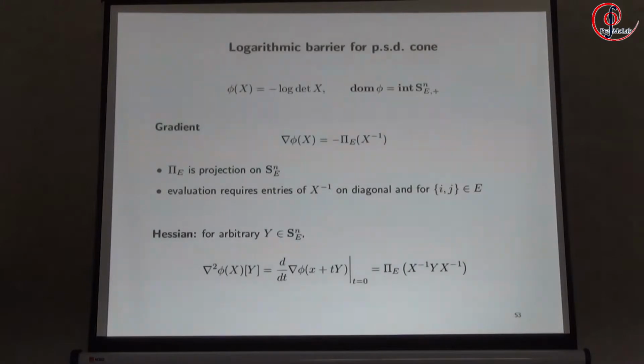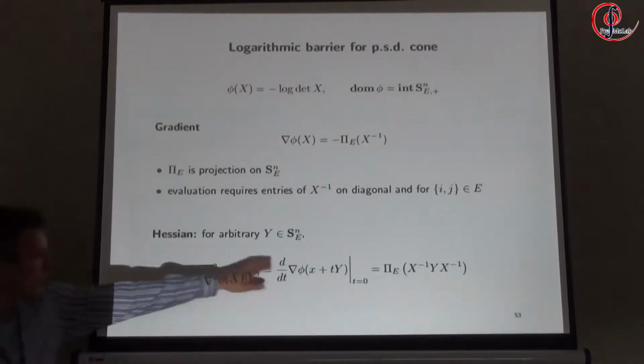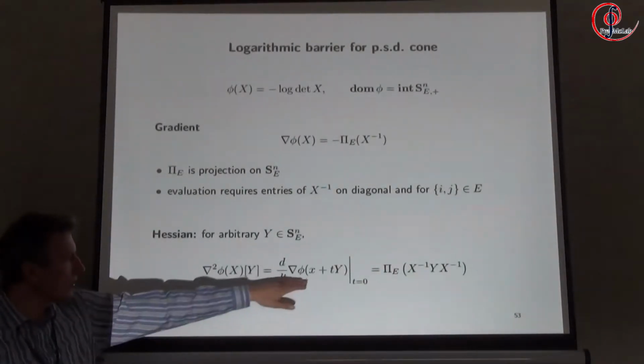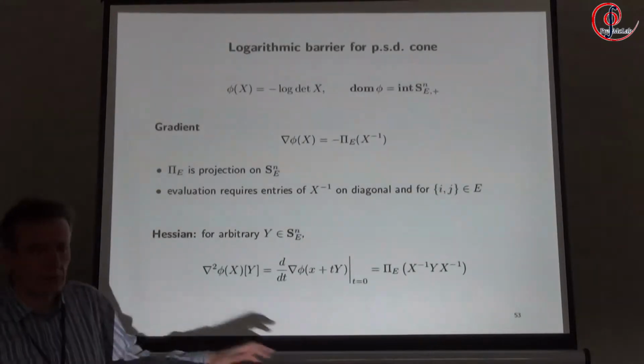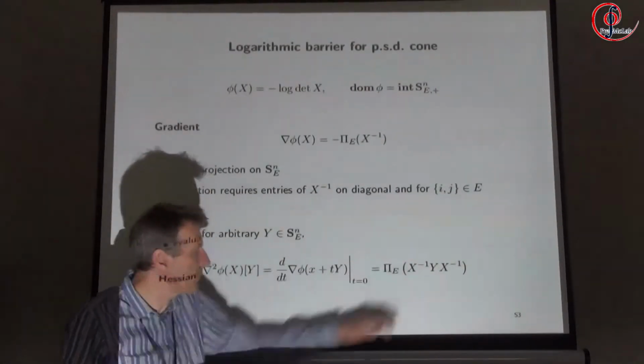So the Hessian is then defined as I wrote here yesterday. In interior point methods you also have to be able to apply the Hessian to a given matrix or vector. This expression stands for the derivative of the gradient in the direction y at t equals 0. And the expression is this. If you take the set of full matrices, this would be the expression for the Hessian.